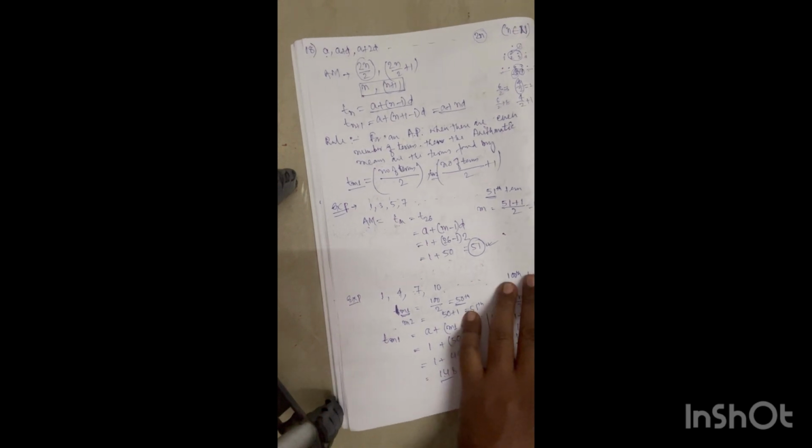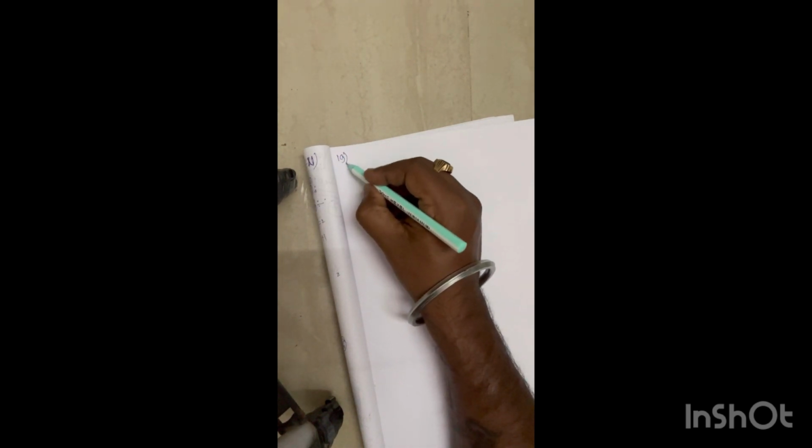Now I will give another rule which is based on that AP. This is rule number 19, I will mark it here.